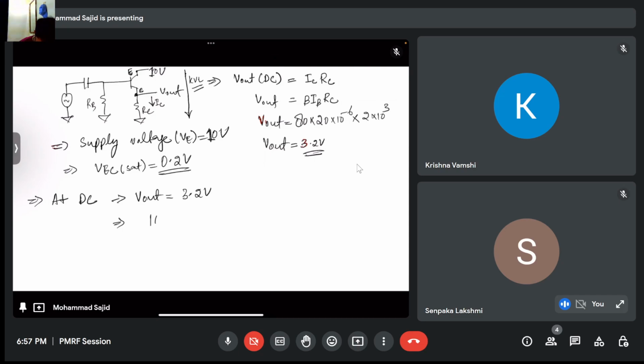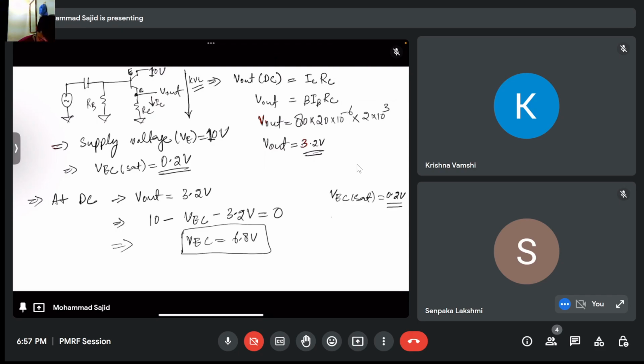We will find it as 10 volt minus VEC minus V output, that is 3.2 volt, equal to 0. That will give me VEC equivalent to 6.8 volt, right? This is initially what my VEC is equivalent to. And what is my provision here? So I can go from VEC till saturation of 0.2 volt, right?